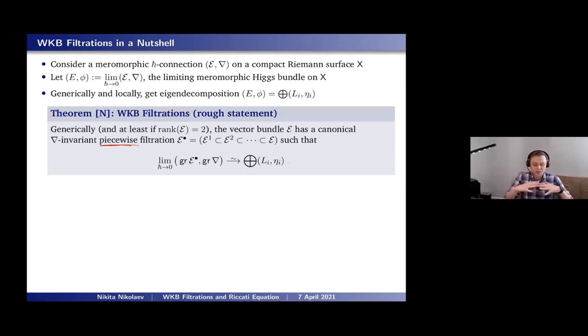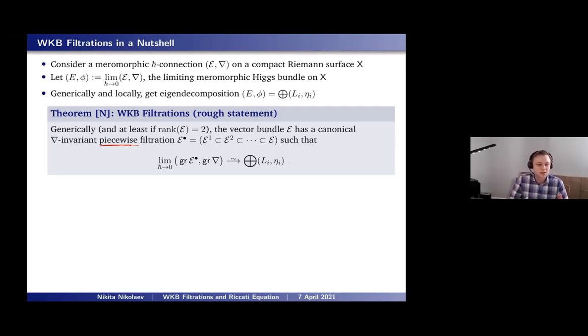You have this canonical piecewise filtration on the bundle, and the most important property of this filtration, from the point of view of the fact that we're studying not just a connection, but a very special family of degenerating connections that limit to a Higgs field, is that this filtration has a very strong relation to the eigenspace decomposition of the limiting Higgs bundle.